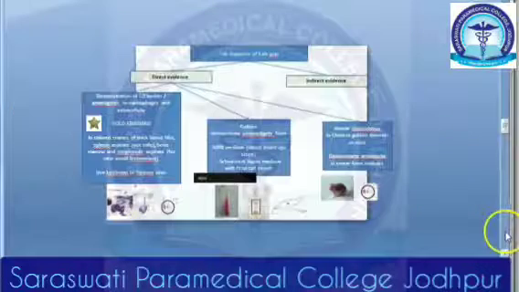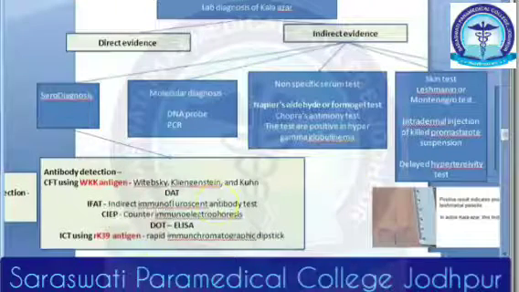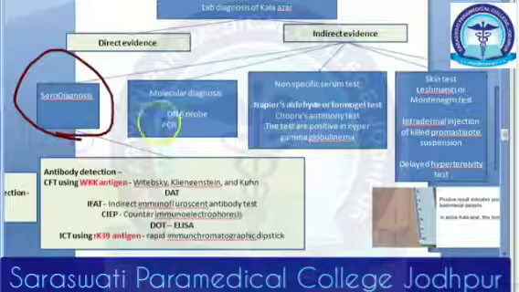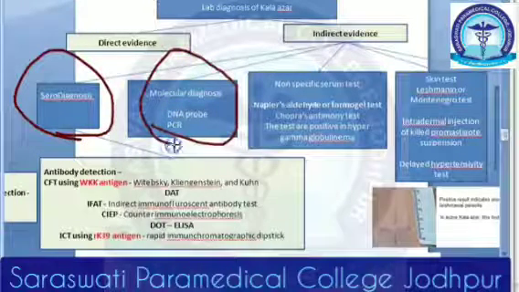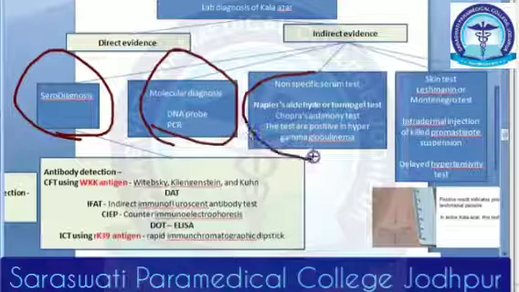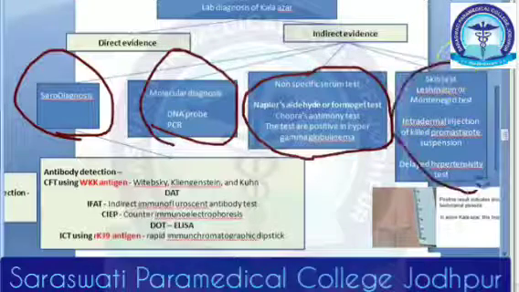In indirect evidence, very typically you will not show the organism, but you will demonstrate the antigen or the antibodies against it. You will show that the particular DNA is present, and you will also do some serum tests. We'll go into that. Then the skin test.